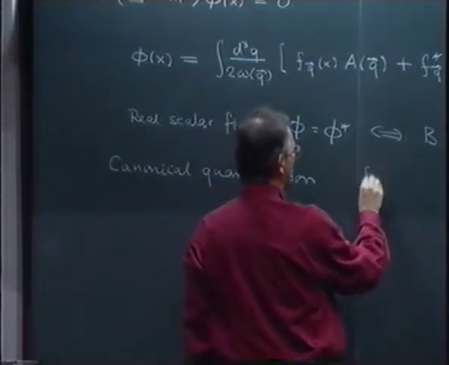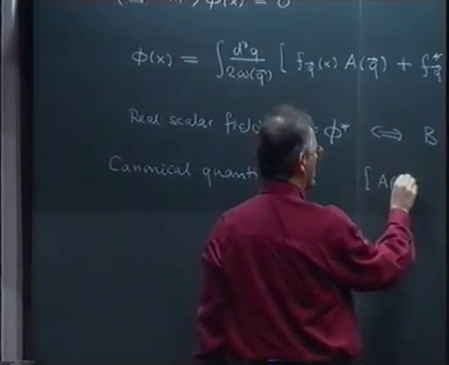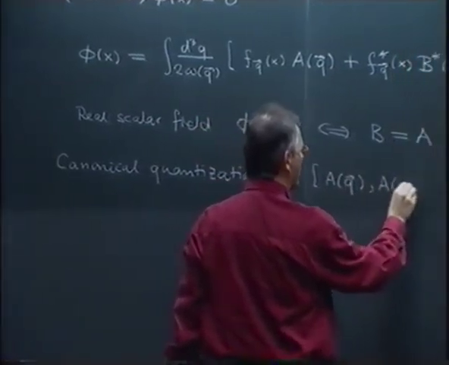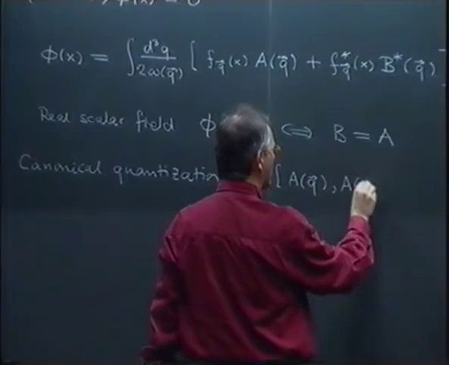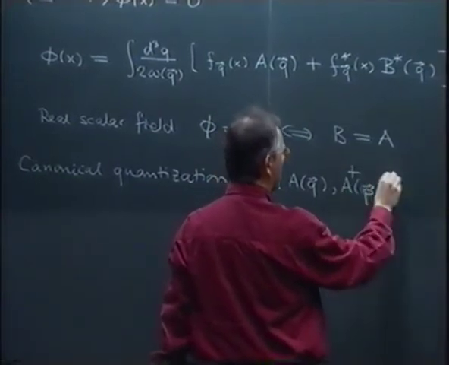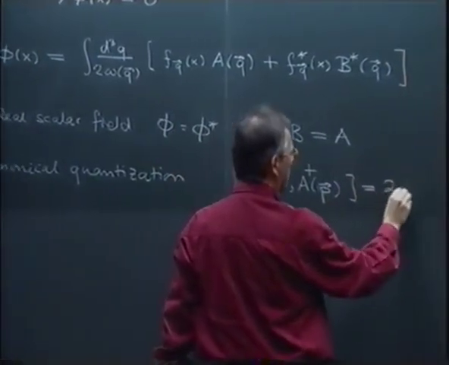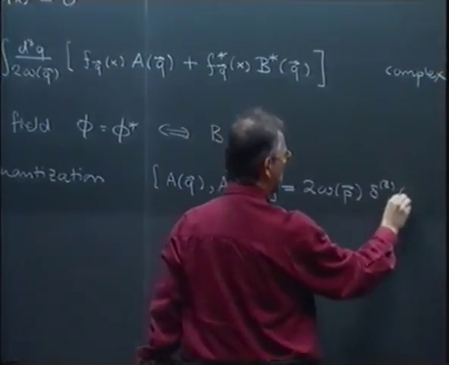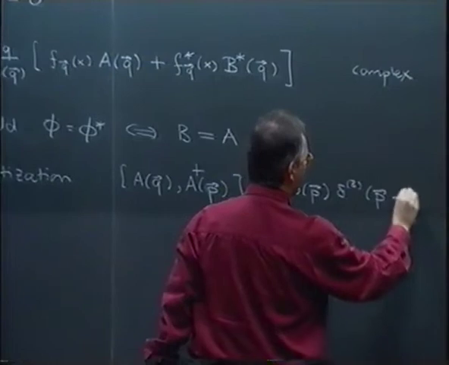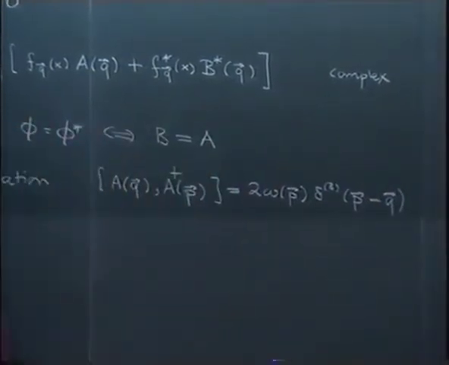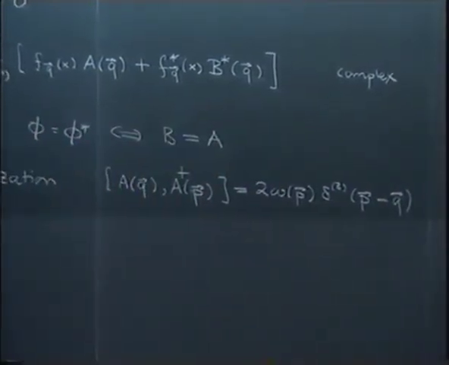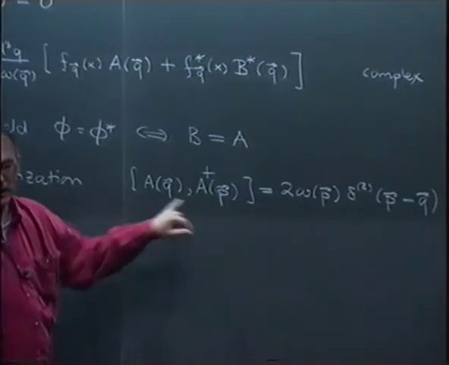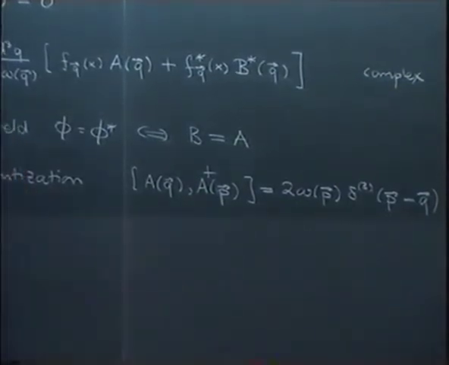You find that A of p with A dagger of p prime is given by a conventional factor times the delta function. And then you have similar relations for the B's, and furthermore A with A and A dagger with A dagger commute.